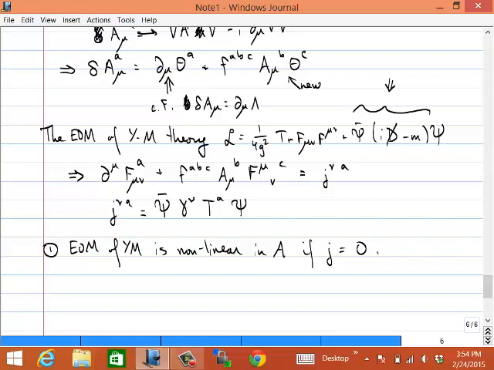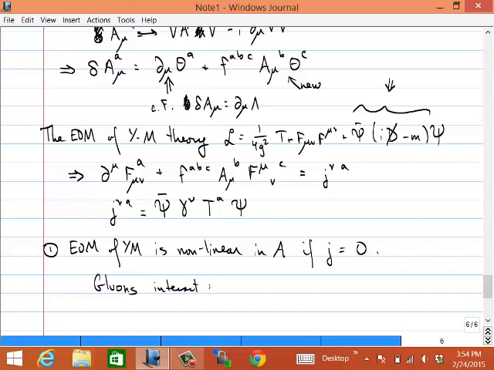Physically, what does the nonlinearity of Yang-Mills theory mean? It means that gluons, which are the analog of photons for the Yang-Mills field, will bounce off of one another. They interact with one another.